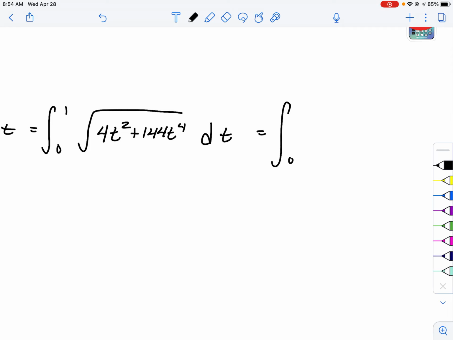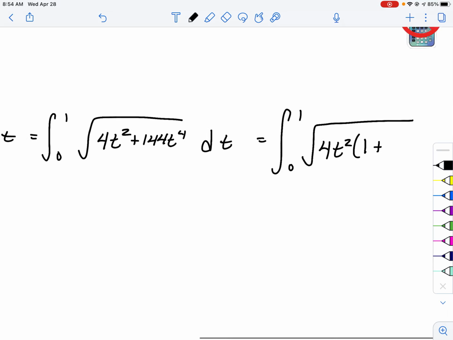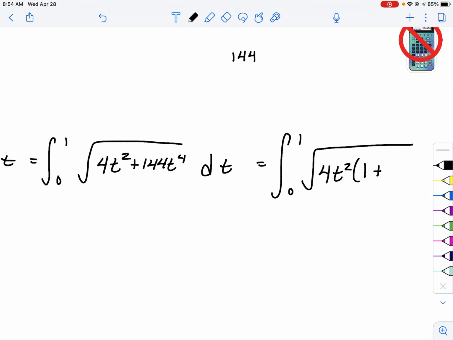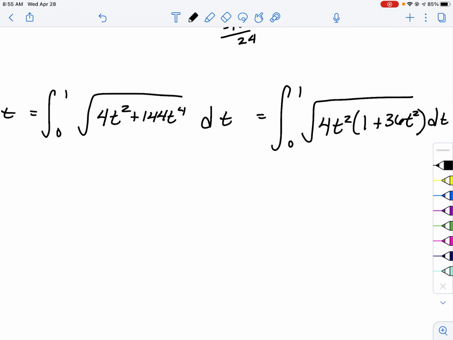Okay, if I do a little bit of manipulation, I factor out 4t squared in here, and I get 1 plus 36t squared.